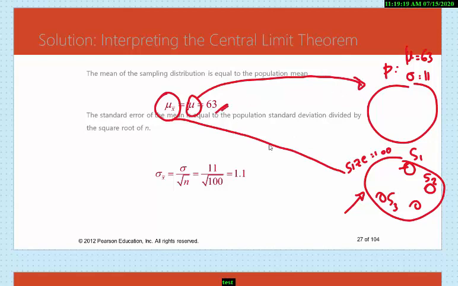So now I know that the mean of the means is equal to 63. And the next thing that I know from the central limit theorem is that if I divide the standard deviation of the population by the square root of the size of the sample, then I get the standard deviation of the sampling distribution.